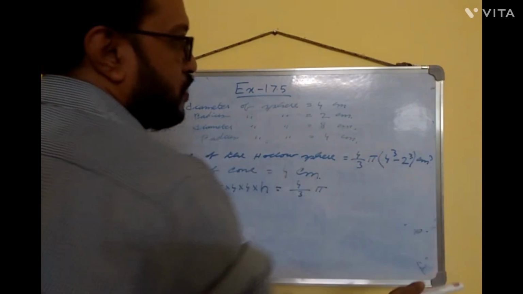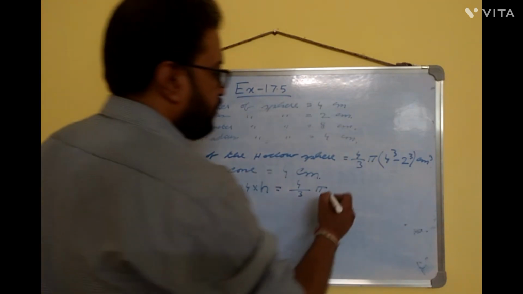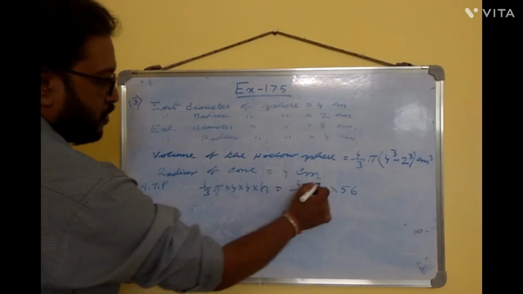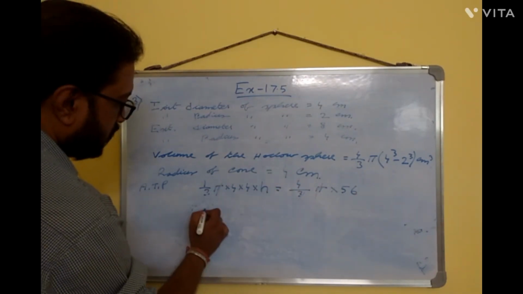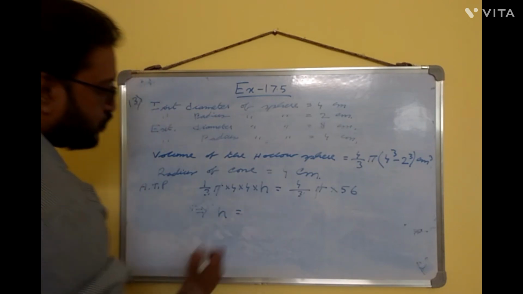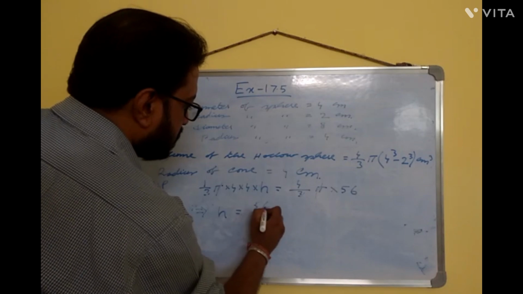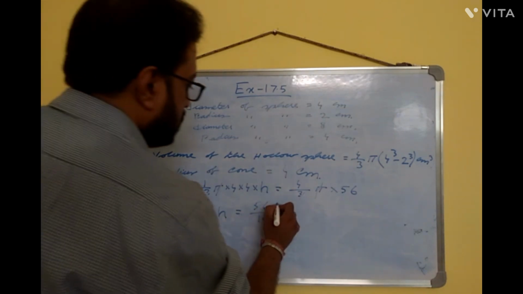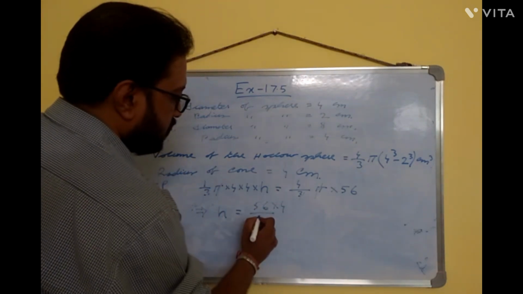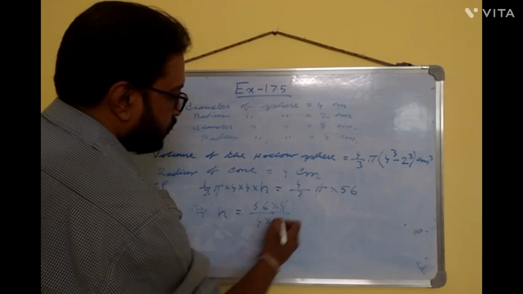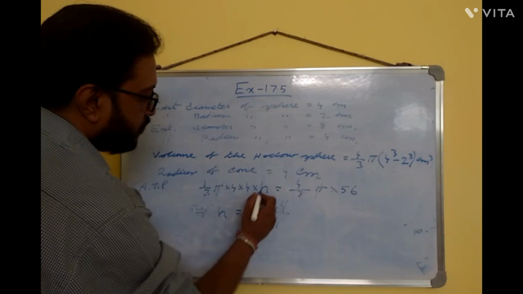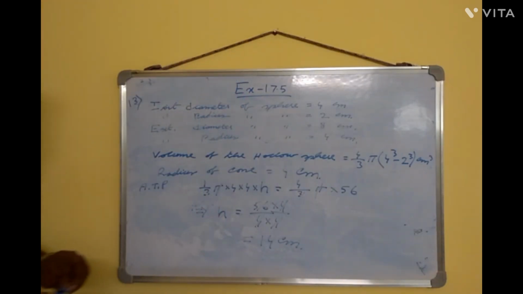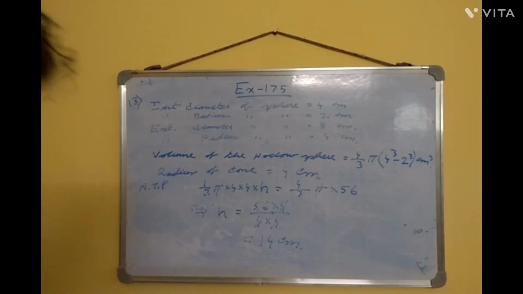It will be 56 into 56. Now pi gone, 3 gone. So I'm getting h equal to 56 by 16. 56 into 4 by 16. I'm not writing 16, but 4 into 4, so that I can cancel out these two 4s. It will be equal to 14. So height is equal to 14 centimeter.